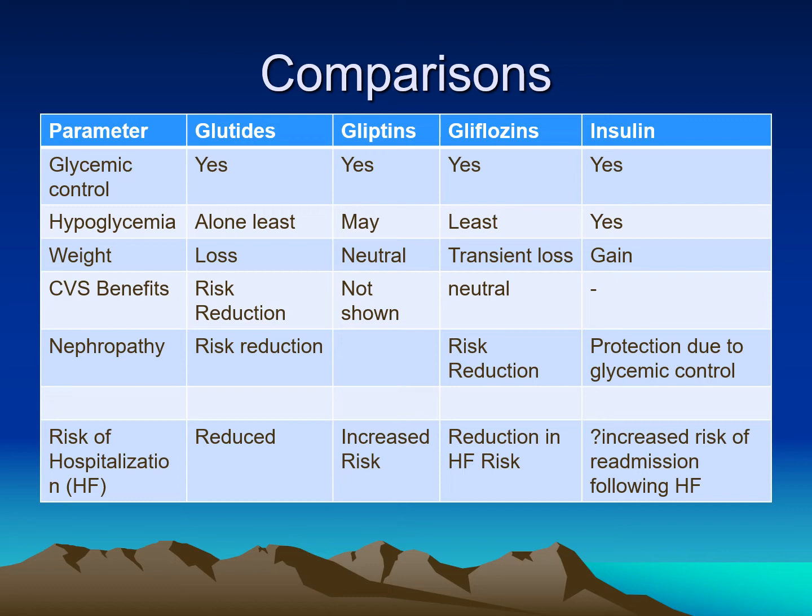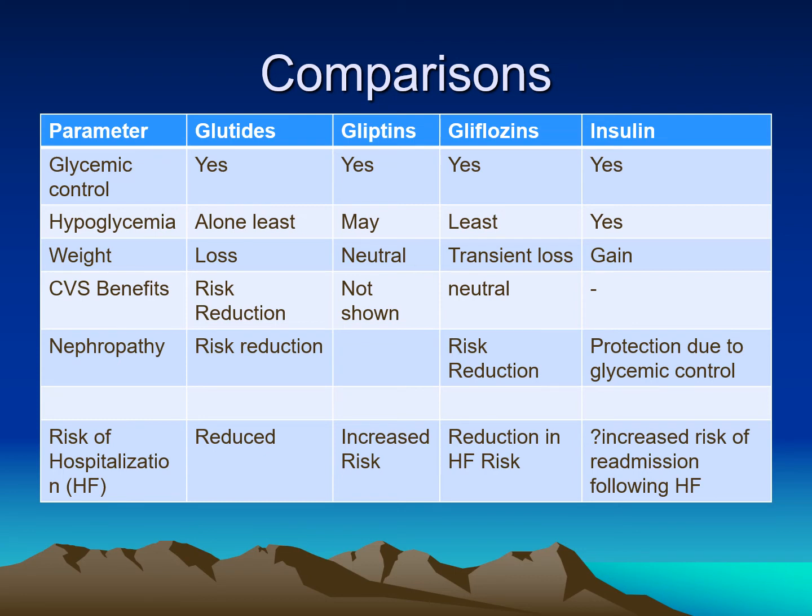It may occur with gliptins and gliflozins, that is SGLT2 inhibitors, but they produce the least incidence of hypoglycemia. Insulin hypoglycemia is well known. Weight loss is found in the glutide group, that is GLP-1, whereas not much with others. Insulin may cause weight gain because of anabolic actions.